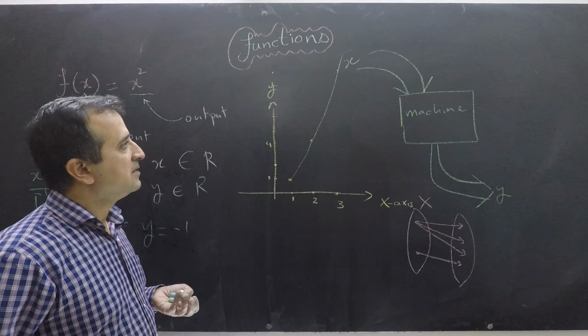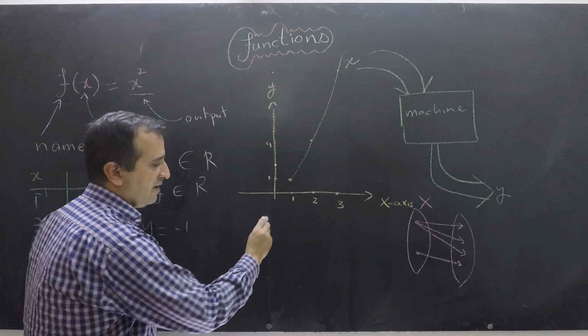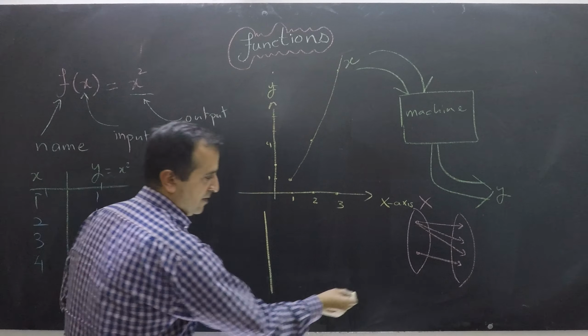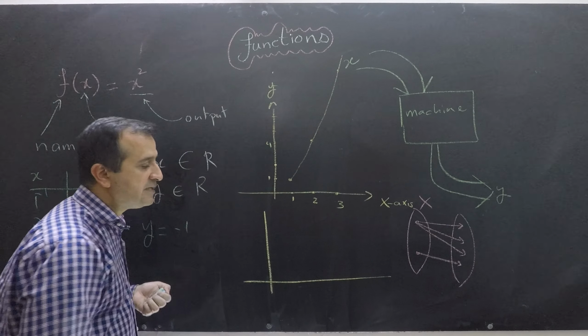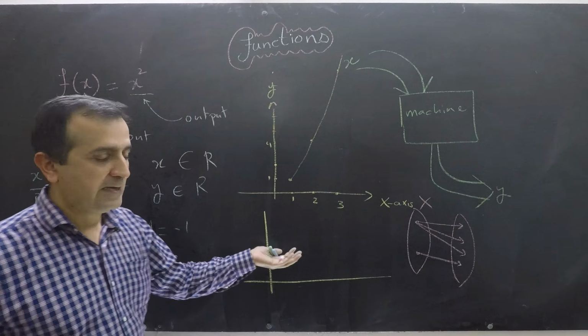Make sense? So let's say you have a graph, and this graph is for some equation. If you want to see whether the equation represents a valid function or not, what you can do is take any point on the x-axis and draw a vertical line, a very straight line.